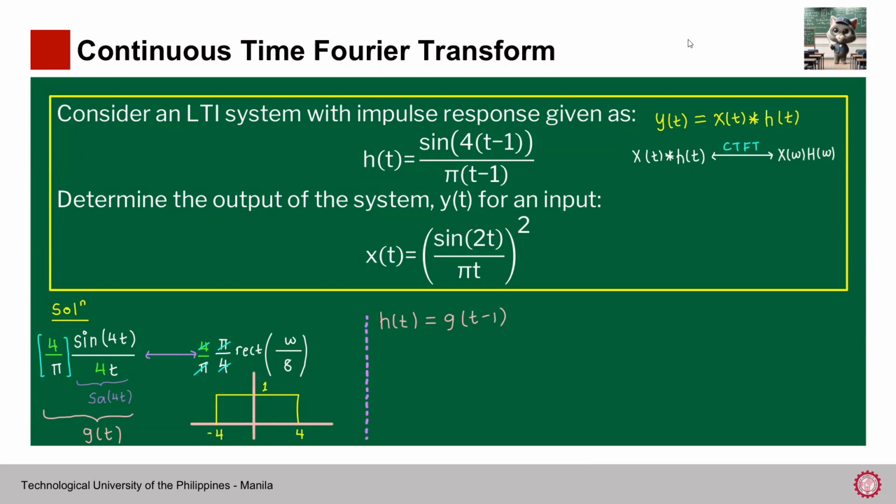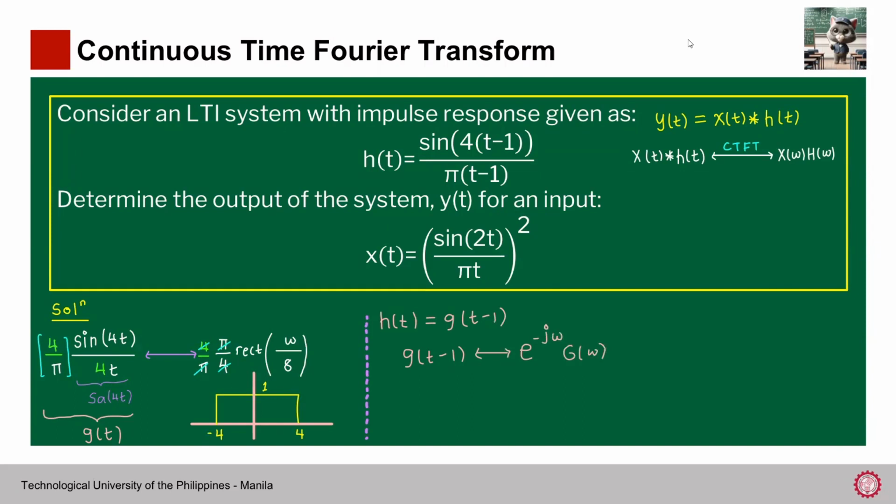So therefore, yung H of omega, yung G of t minus 1, what would be the Fourier transform of this one? Yung G of t minus 1 is simply equal sa G of omega pa din, pero may multiplier na e to the negative j omega. That is the frequency, time shift property ng G of omega.